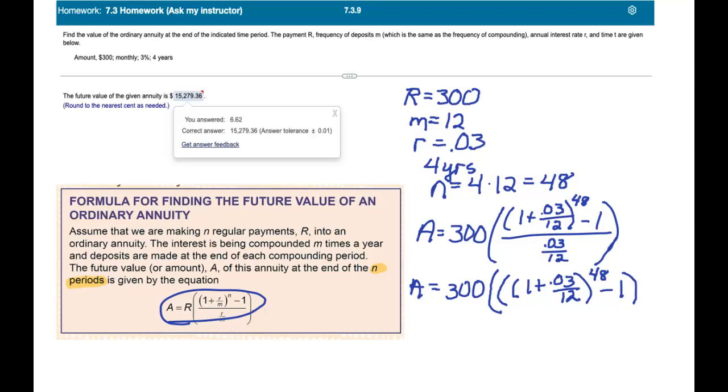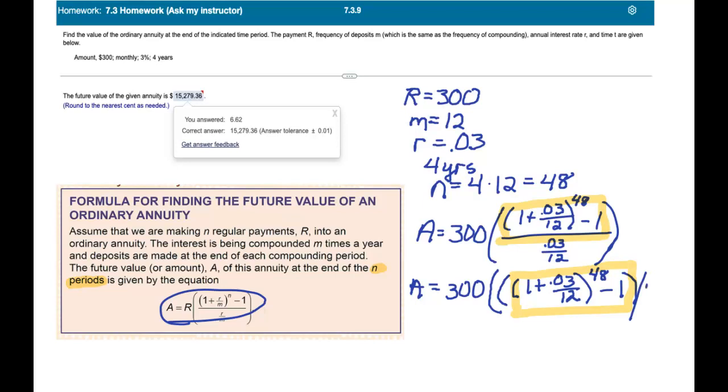Let's see if I can highlight that. That's this stuff right here. I'm putting them in this set of parentheses. And then what I want to do is take that and divide it by, and my denominator I'm going to put in parentheses.